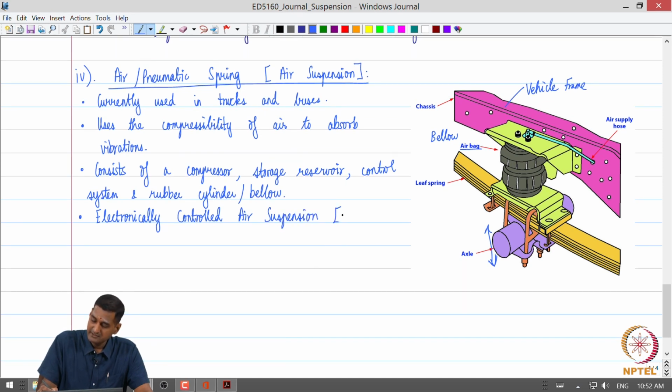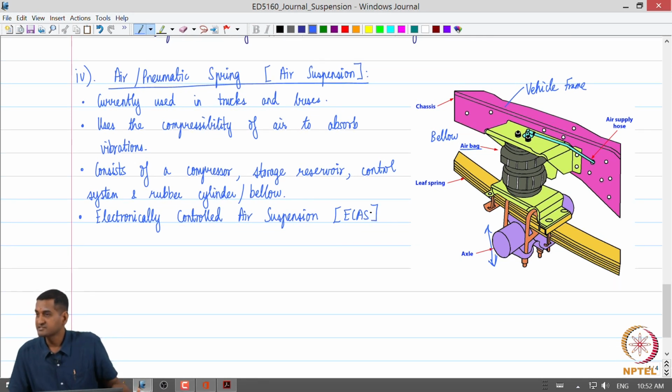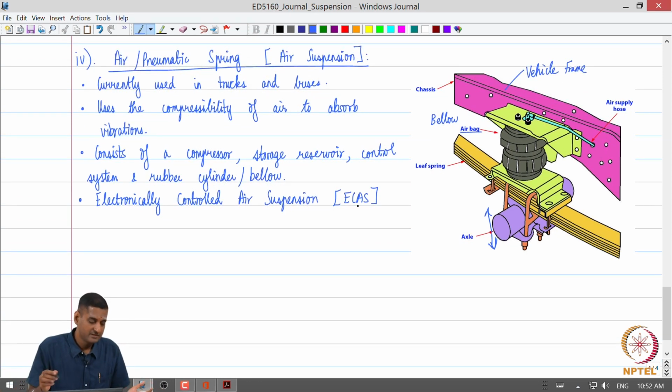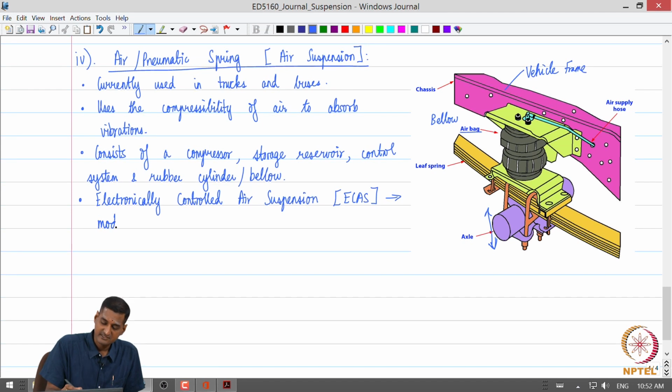So, today there are vehicles with these so called ECAS systems, electronically controlled air suspension. So, what happens in these electronically controlled air suspensions? The air pressure is modulated to regulate the suspension deflection and the suspension performance.